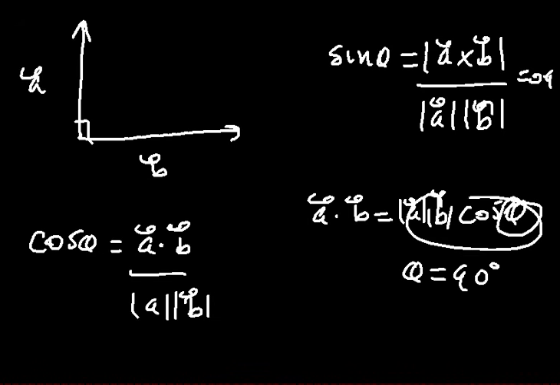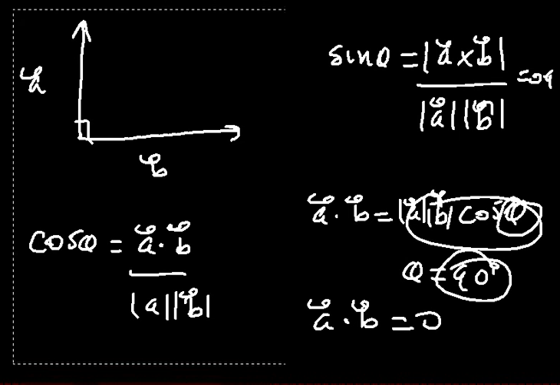Therefore, the whole of this will be equal to 0, so the dot product of the two vectors is equal to 0. If the dot product of the two vectors is 0, those vectors are orthogonal. So if the question asks you to show whether the vectors are orthogonal or not, just go for the dot product of the vectors. If the dot product is 0, the vectors are orthogonal, because the angle between them will be 90 degrees. That's how you should have it.